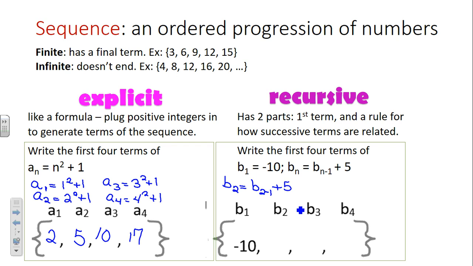So b sub 2 is going to be the same thing as b sub 1 plus 5. So that was our first substitution. We just substituted 1 in for n. But now we have to substitute the first term in for b sub 1, don't we? What was our first term? Negative 10. So we're going to take negative 10 and add 5, and we will get, good.